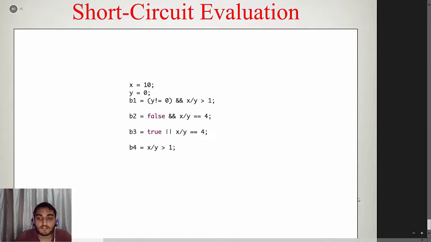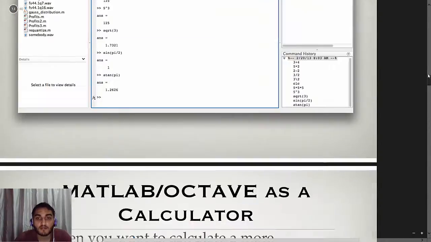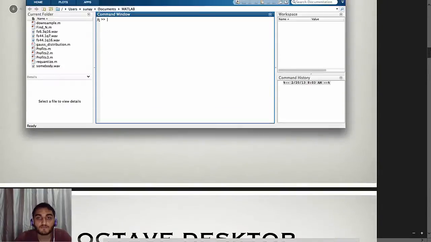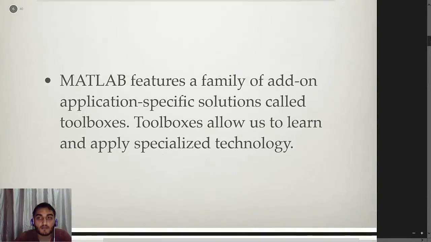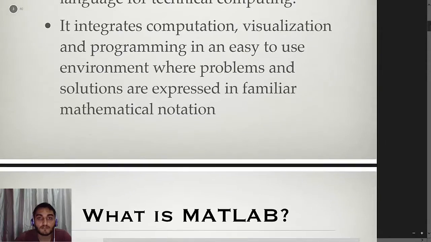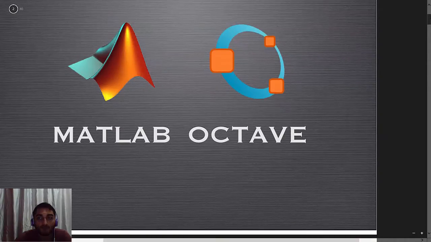Thank you for listening to me, and I will further continue with some exercises on MATLAB. So you need to download MATLAB or Octave or both of them. Again, I will say that Octave is free. If you have a student mail, you can download MATLAB directly for free.